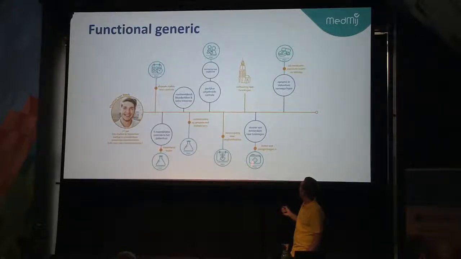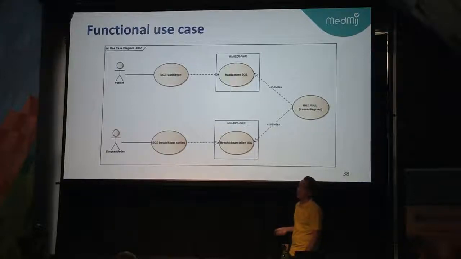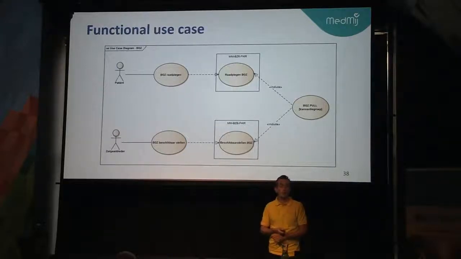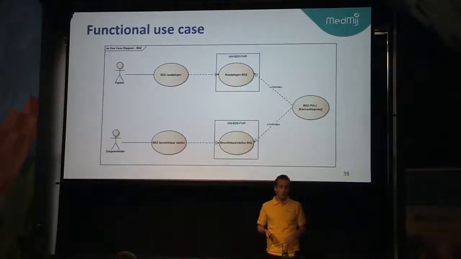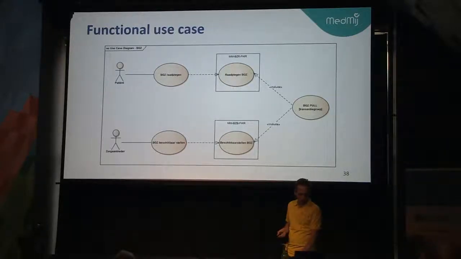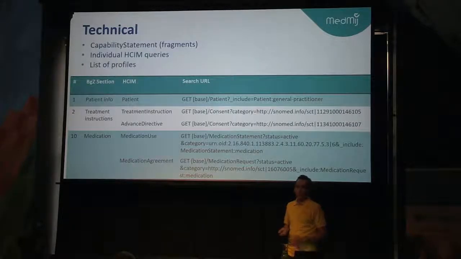So for example, if he checks his BGZ sample, you will get to the functional use case, which are mostly very simple, because it's just retrieve my data or send my data, which gives you a kind of functional model like this.